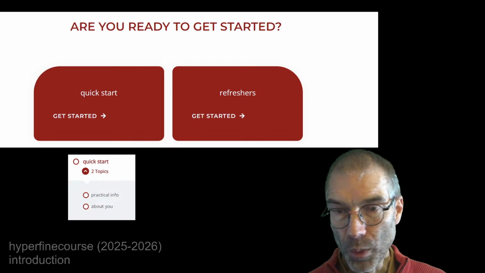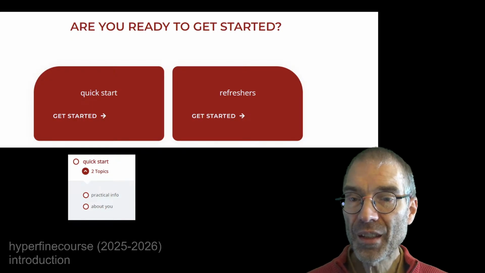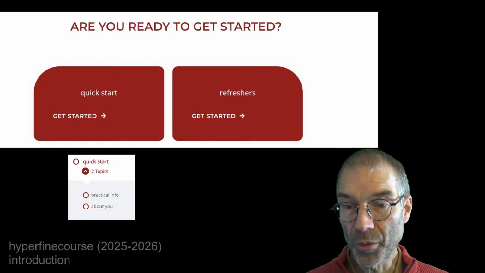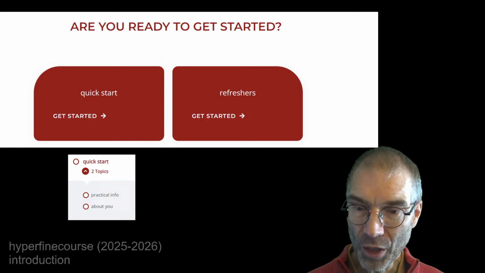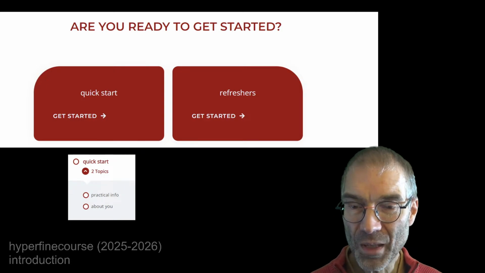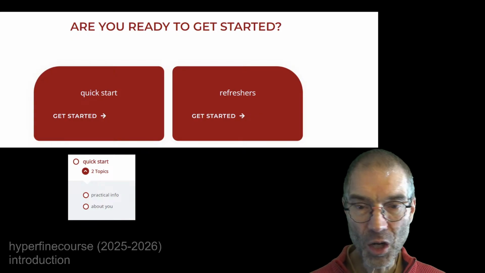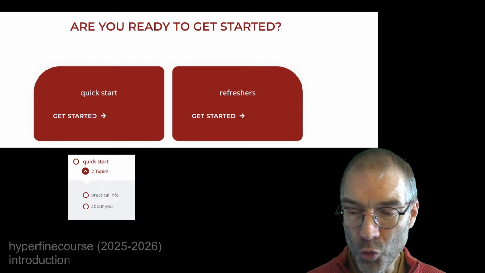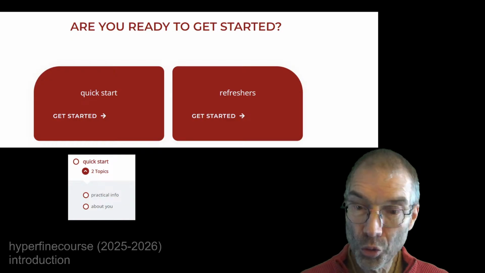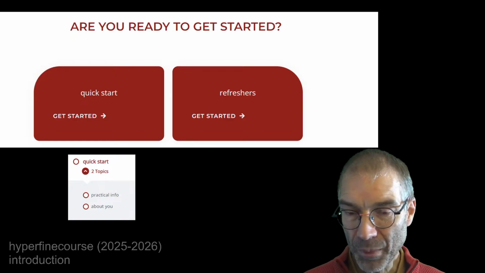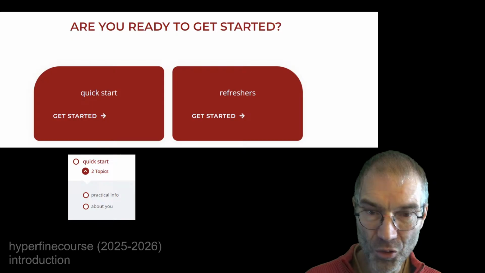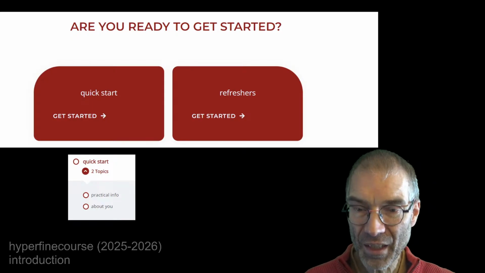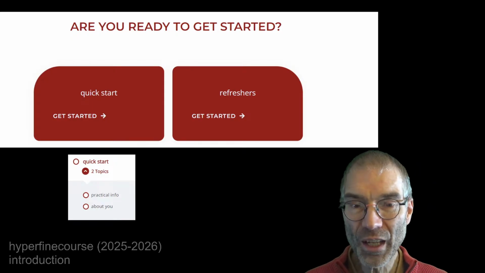In the Quick Start, you find all the practical info and also a forum, where you can put some information about yourself in order to make us aware of who is studying in this course. Not everybody does that. In practice, mostly people who study this course completely synchronized with Ghent University do that.